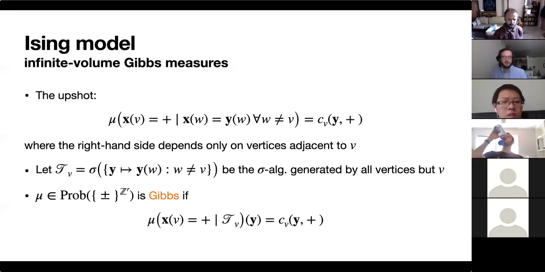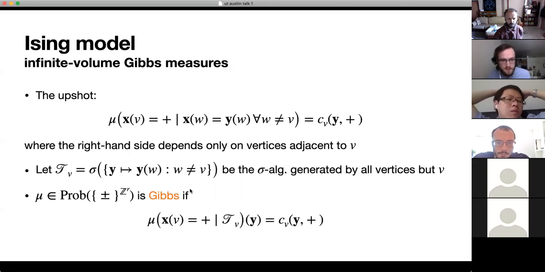Right, and that we can extend to the infinite setting. The specific way we can do that is to define this T sub V, T is for tail, though it isn't the tail sigma algebra. Let this be the sigma algebra which contains all the information of the labelings everywhere but V, which is what that's supposed to mean.